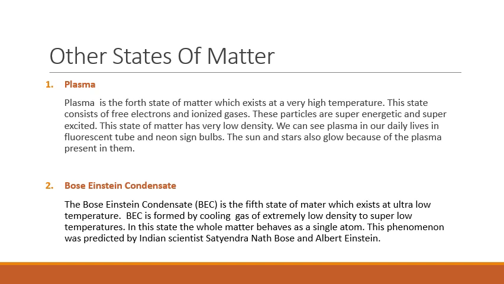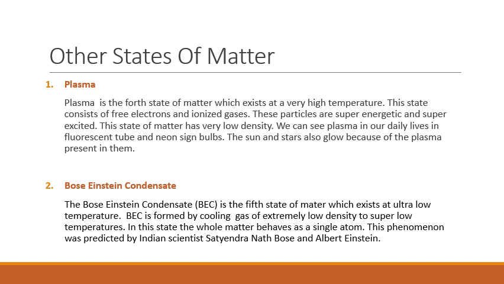Now the 5th state of matter is Bose-Einstein condensate. The Bose-Einstein condensate, called BEC, is the 5th state of matter which exists at ultra low temperature, nearly equal to 0 degree Kelvin.